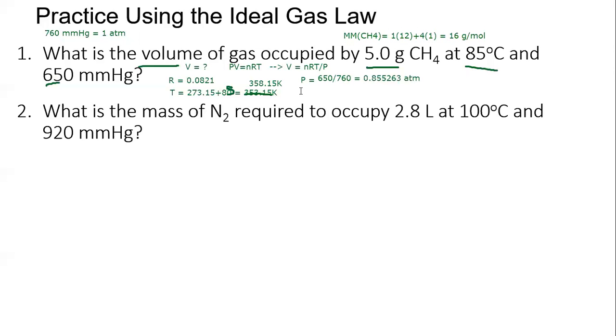So to find the moles of methane, we need to take 5 divided by 16. We get 0.3125. Now all of that was just to get everything in the right units.